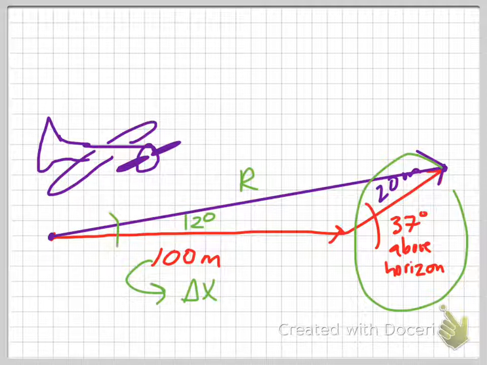North of east? 12 degrees above the horizon. There's no north, south, east, and west. We don't know what direction this runway is pointing. We have no idea. And furthermore, we're looking at this at a side view. So we're talking about travel along the horizon and then travel above the horizon. So I just want you to be really cautious about that.